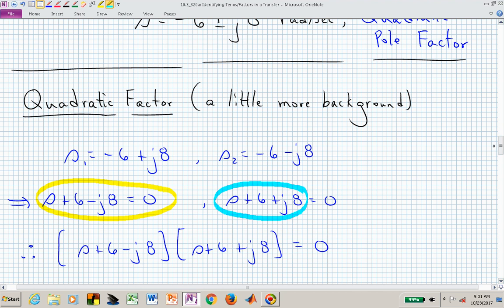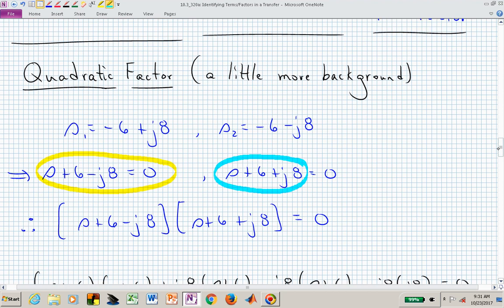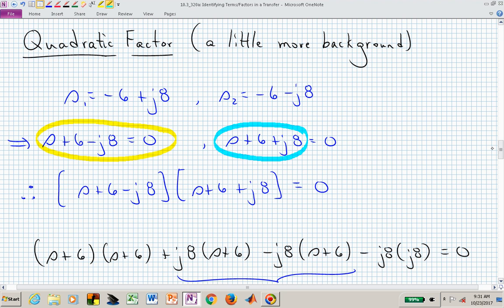So now I'm just taking this yellow factor, the one on the left, and the blue factor, and multiplying those together, and I will do that in an informed way. What I'm really trying to do is create that form that I had before, and to do that, let me combine the s plus 6 into a subset on the left and s plus 6 on the right as a subset, and now let me perform the multiplication so that I have s plus 6 times s plus 6, plus j8 times the s plus 6.